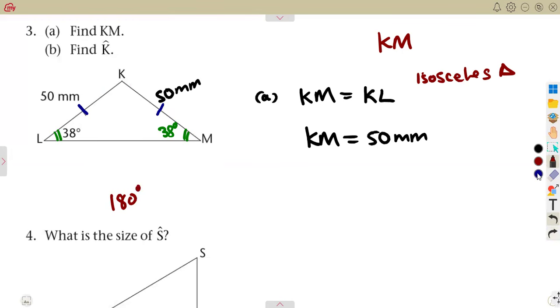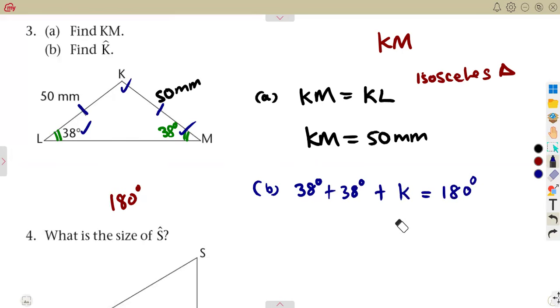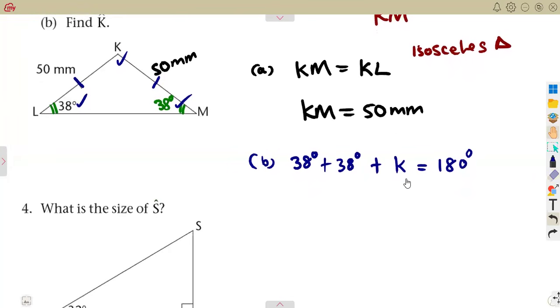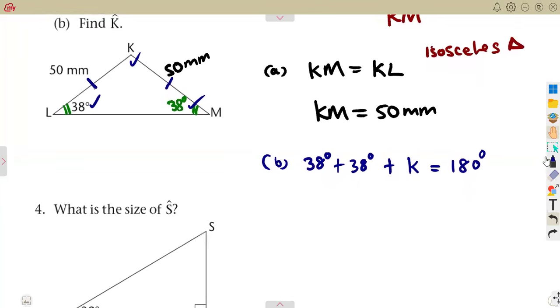So using the previous case that we obtained before, if I add the 38 degrees to this 38 degrees, and also the angle K, together we must obtain 180 degrees. That is angles in a triangle. So that's obtaining 180 degrees from the angles that are inside the triangle.